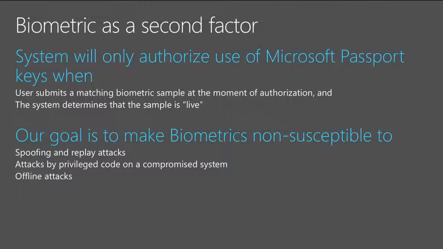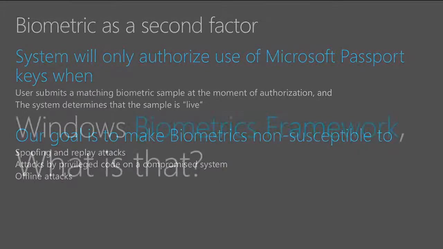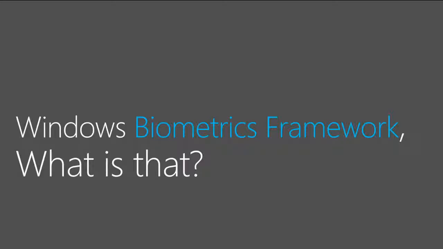Our goal for biometrics is to make it non-susceptible to multiple sets of attacks: spoofing, replay attack, attack by privileged code or admin, and offline attacks. All of that is our goal. Not everything is done yet, but we're definitely working toward doing that.